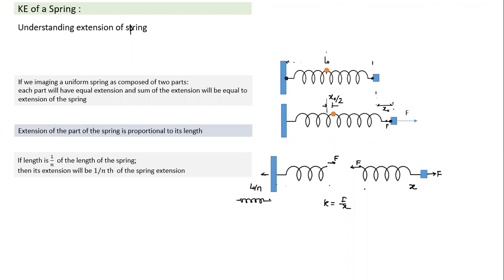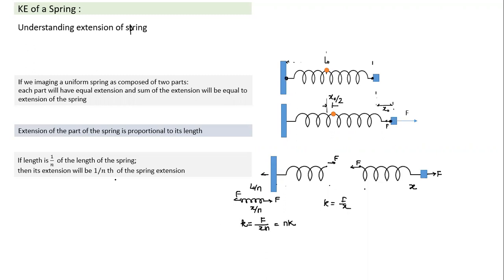But you see, everywhere the force is the same. Since this is a 1/n part, the extension will not be X, the extension will be X by n. So if I visualize this 1/n part of the spring separately, it has the same force, but the extension is different, hence the equivalent spring constant for this part will also be different. What is the spring constant? Force divided by extension. It will be F, force remaining the same, divided by X by n. So the spring constant becomes n times K.